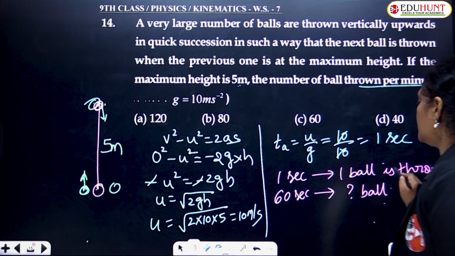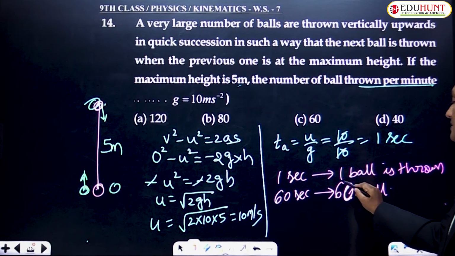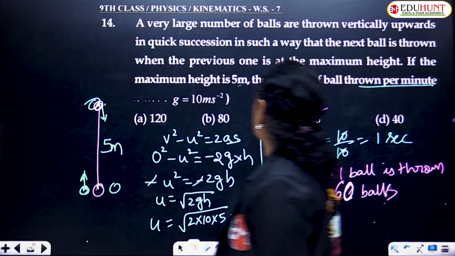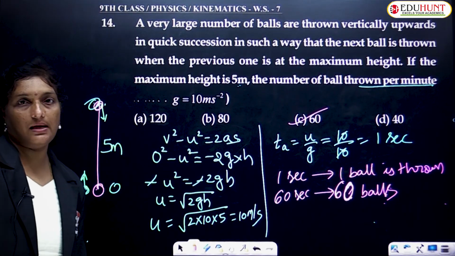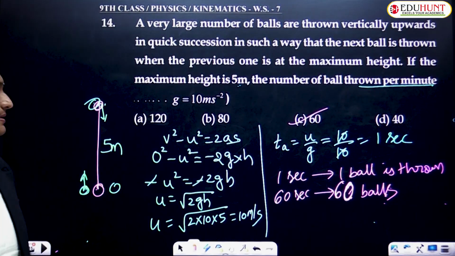Of course, it is 60 balls. In 60 seconds, we have 60 balls. That's the answer. So the number of balls thrown per minute is 60. This model we have already solved in the previous exercise, I think.